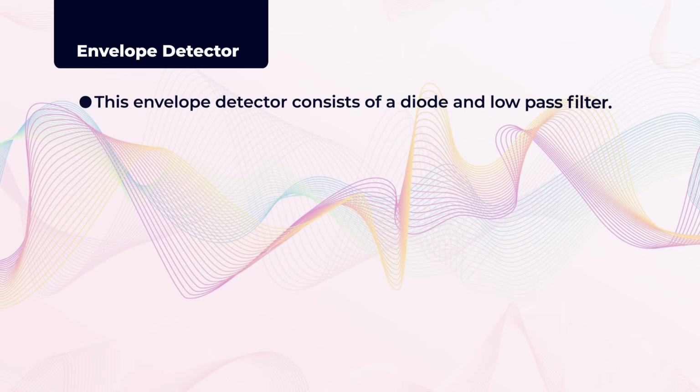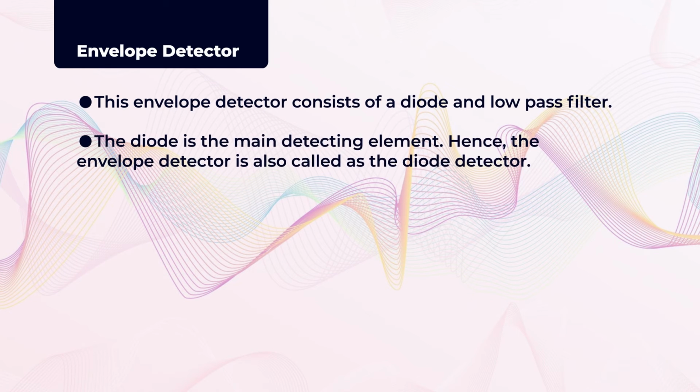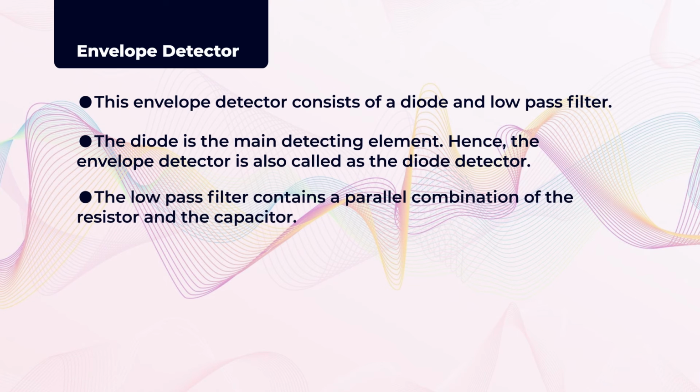The envelope detector consists of a diode and a low pass filter. The diode is the main detecting element, hence the envelope detector is also called as diode detector. Diode acts as a rectifier allowing current to pass only in one direction, and low pass filter consists of parallel combination of capacitor and resistor which smooths the rectified signal to obtain the envelope.